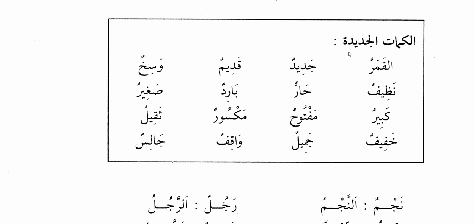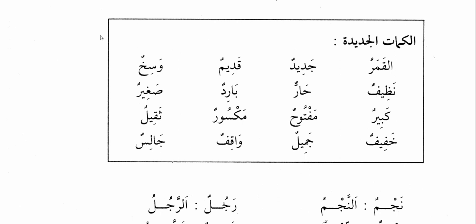Now kalimat al-jadid means new words. Al-qamar, moon. Jadid, new. Qadim, old. Wasikh, dirty. Nadhif, clean. Har, hot. Barid, cold. Saghir, small. Kabir, big. Maftuh, open. Maksur, broken. Thaqil is heavy, khafif is light, jamil is beautiful, waqif standing, jalis sitting.